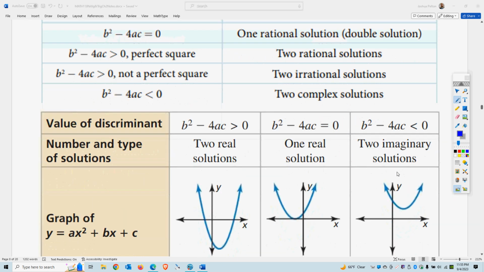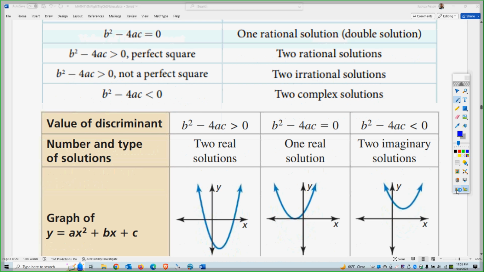So what you see is there's basically three outcomes. Okay, you could get a rational answer, which means it's factorable, and there's just going to be one or two answers on the graph, right? So if it equals 0, you're just going to get one answer, right? That's it. If it's greater than 0, you can get two answers.